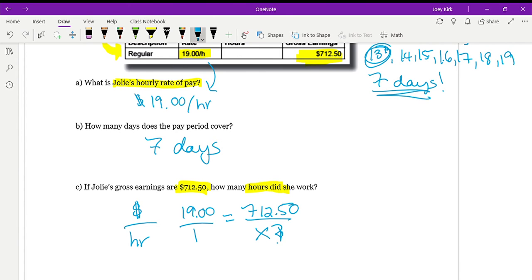So what we're going to do is what we always do, multiply the pair, divide the spare, and x is going to be equal to 1 times $712.50 divided by 19, so that should be 37.5 hours.